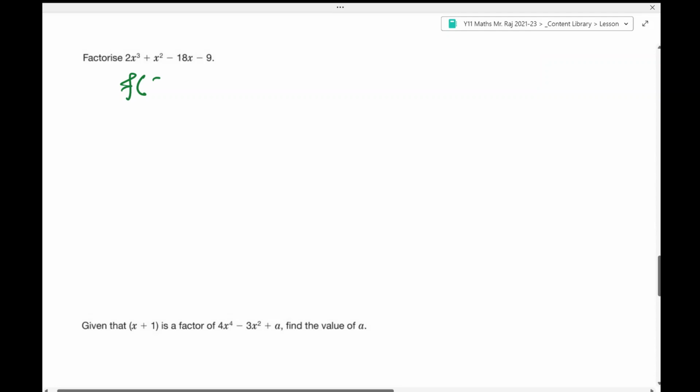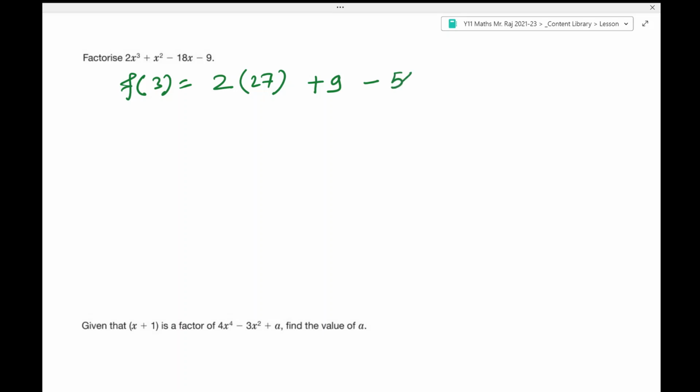So f(3), how much is f(3)? 2 times 27. You know it's 0 because you have used your calculator, but you have to demonstrate that you are using factor theorem. So 2 times 27 plus 9 minus 54 minus 9.